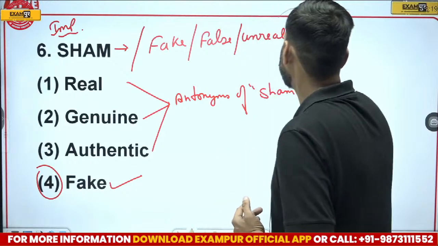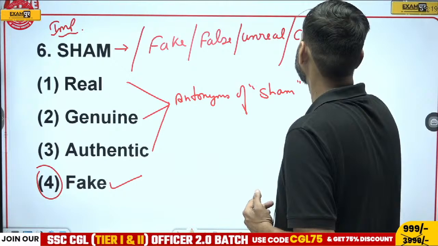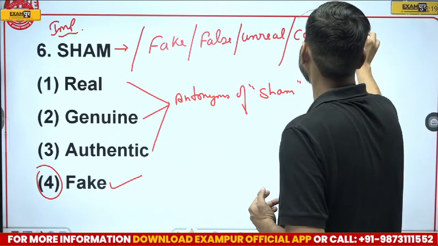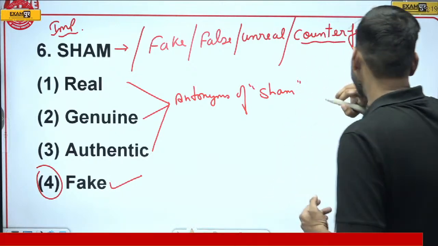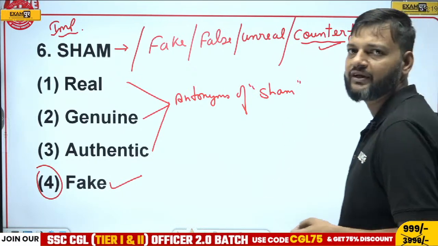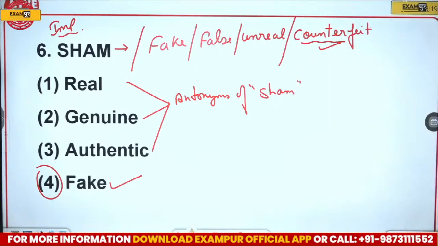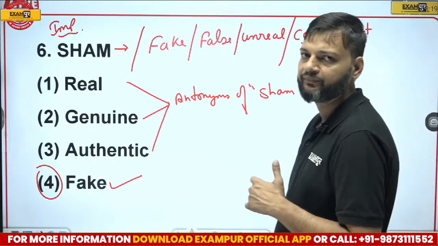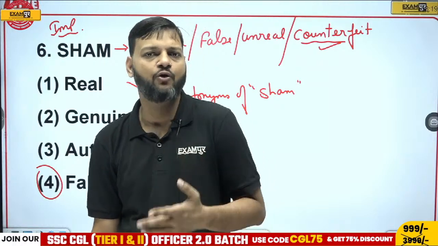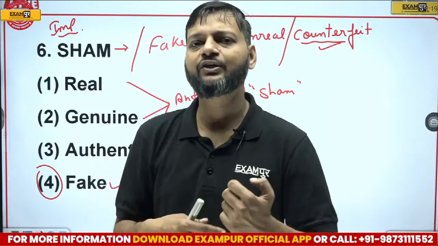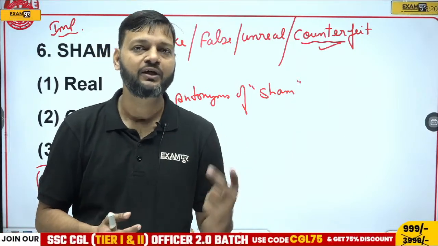And one more word is there, counterfeit. Remember this word, counterfeit. This is also a very important word. Counterfeit means when something is not real. So sham, unreal, fake, false, counterfeit, all these words are used when something is not genuine, when something is not real.